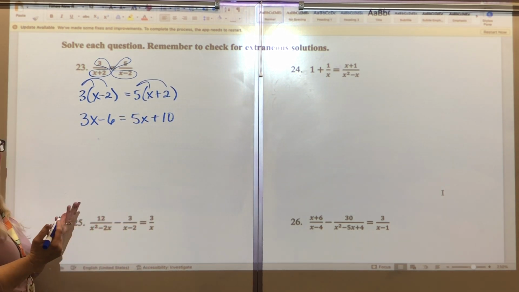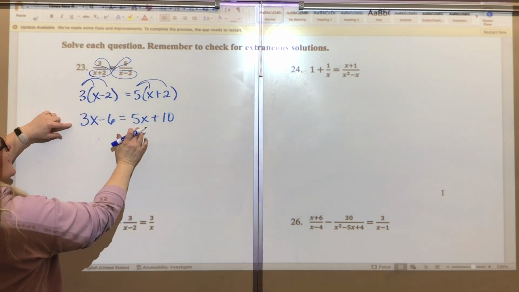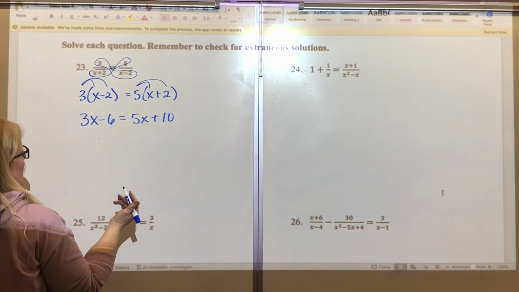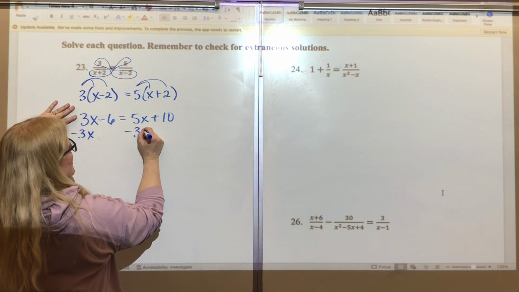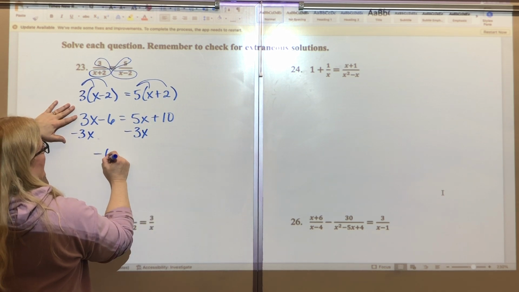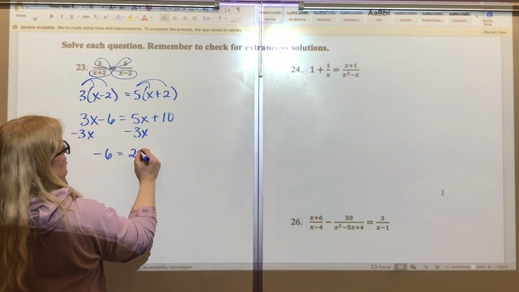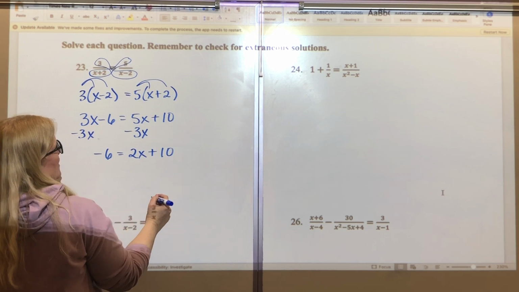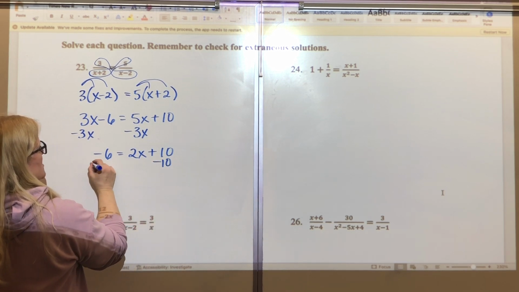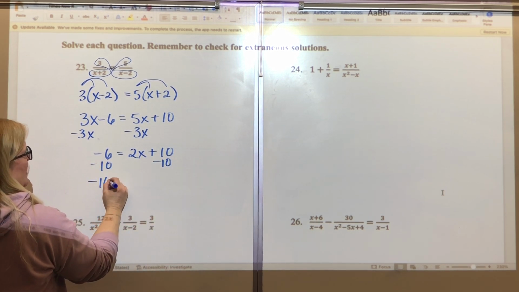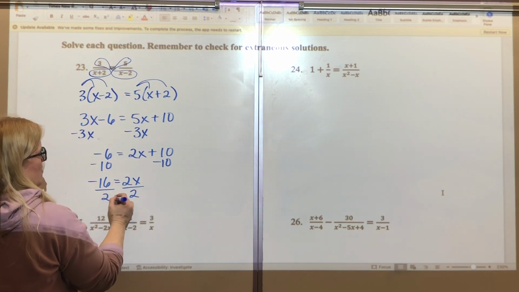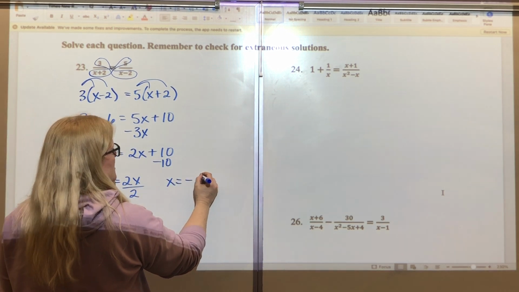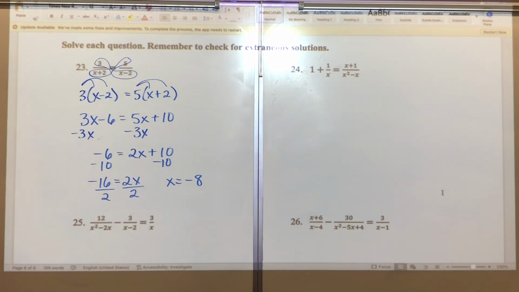I'm going to combine like terms. So to get x to be positive, you don't have to do that, but I like it. I'm going to subtract 3x from both sides because it's smaller. That gives me negative 6 equals 2x plus 10. And now I subtract 10 from both sides to combine those, and I get negative 16 equals 2x. And then I divide by 2, so x equals negative 8.